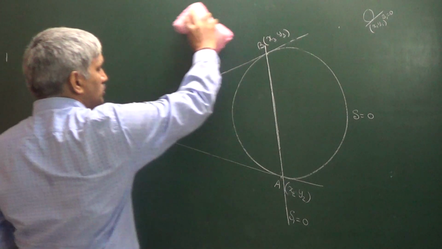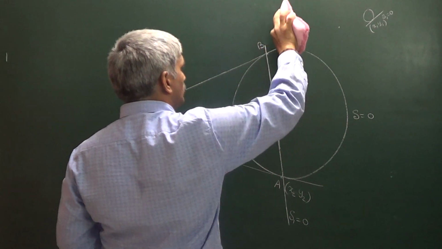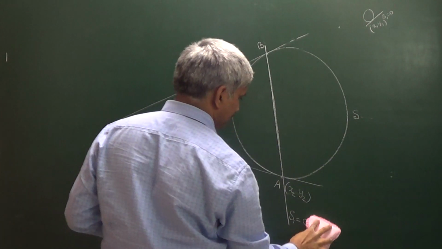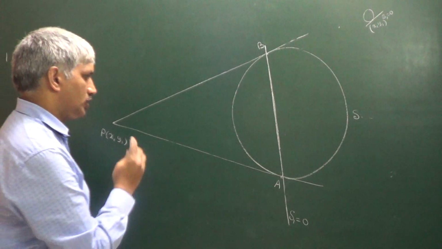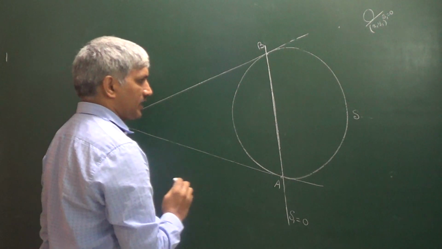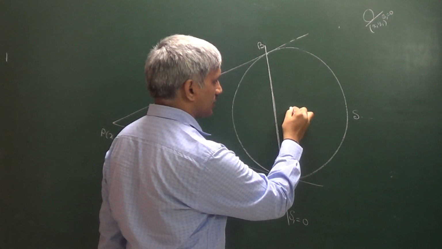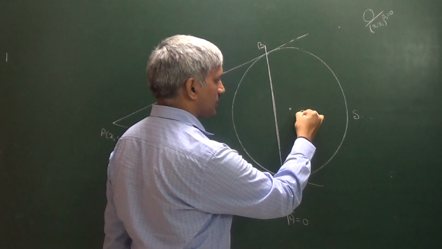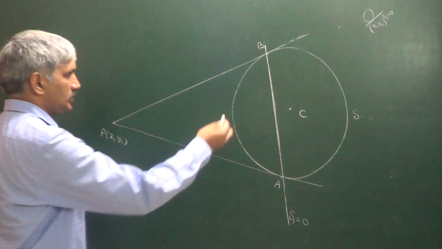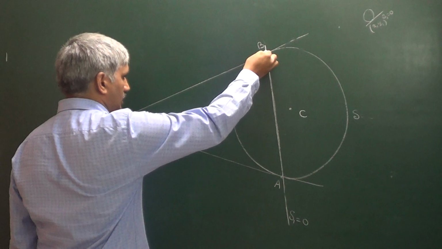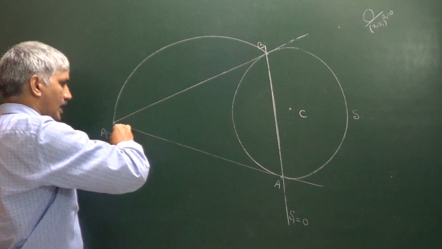Now I want to discuss a few important points related to this idea. So this is the point P(x1, y1) and A comma B, and let us say this is the center of the circle C. Take a circle circumscribing the triangle PAB.